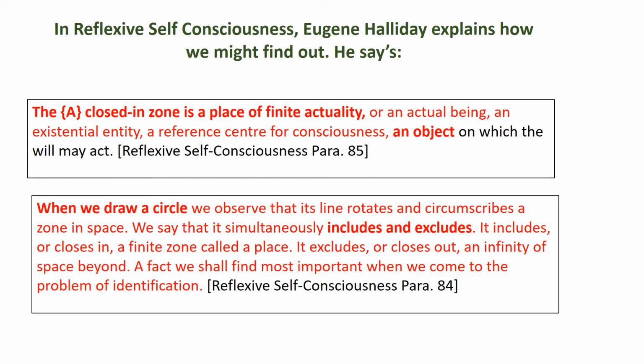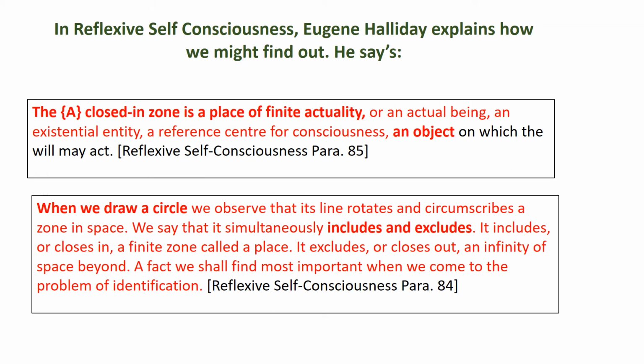And when we draw a circle, we observe that its line rotates and circumscribes a zone in space. We say that it simultaneously includes and excludes. It includes or closes in a finite zone called a place.